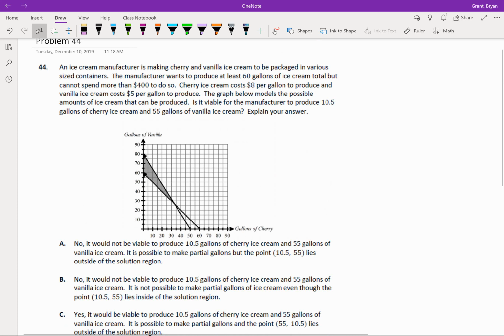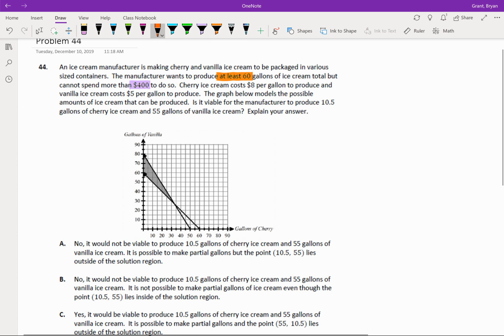This manufacturer has two constraints or two issues that they need to keep in mind when they're making ice cream. They need at least 60 gallons and they have a cost limitation. They can't spend more than $400. So the gallons and the money are the reason that we have two lines here.